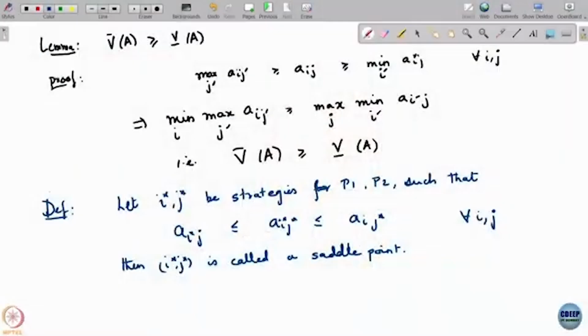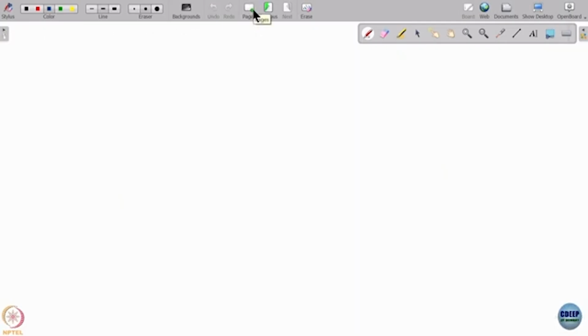So if you could find such a pair I star j star, called a saddle point, then this would actually end up solving our problem. Let us actually prove that.